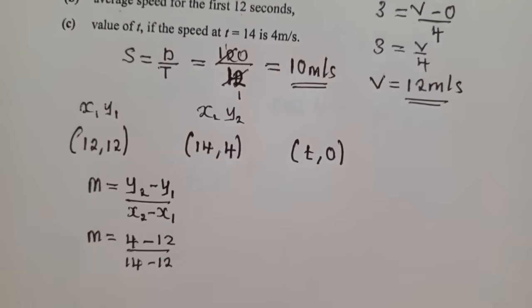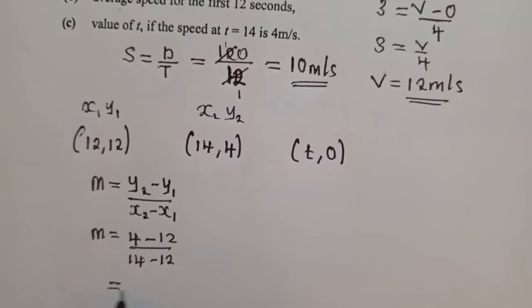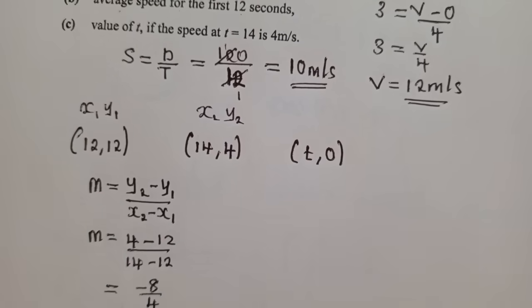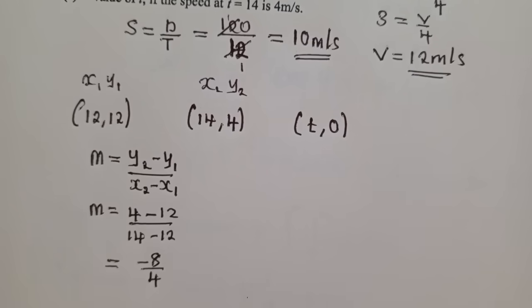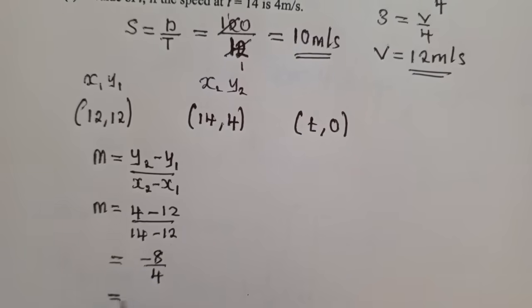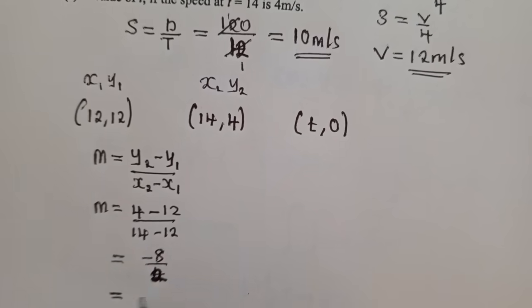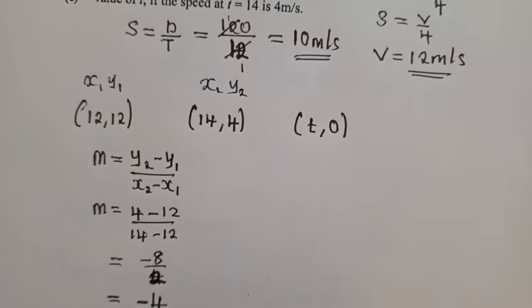Okay, so when we work out here, what are we getting? We're getting negative 8 over 4, if I'm not mistaken. Negative 8 over 4, which actually, dividing by 2 over 2, our final answer will be negative 4.